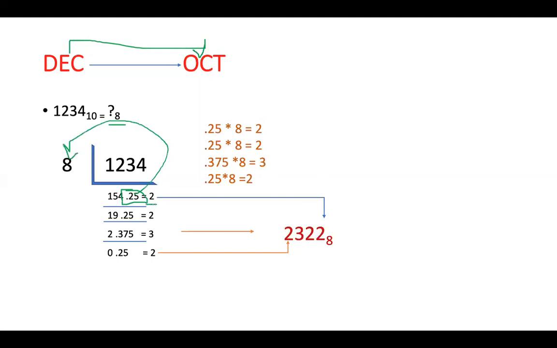After that, we will have the result until, of course, we reach 0. Then we are going to put the result, and the base is going to be 8 because this is an octal number. So from decimal to octal, the process is similar to decimal to hexadecimal. The difference here is only if we want to change from decimal to a binary number.